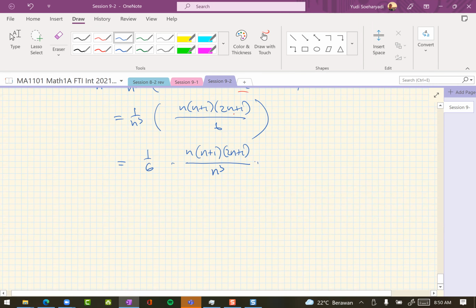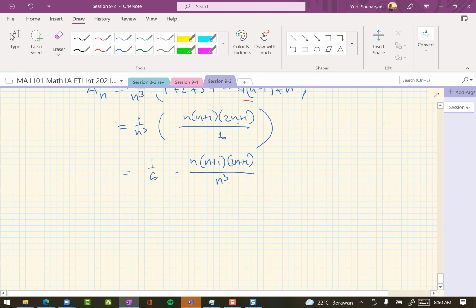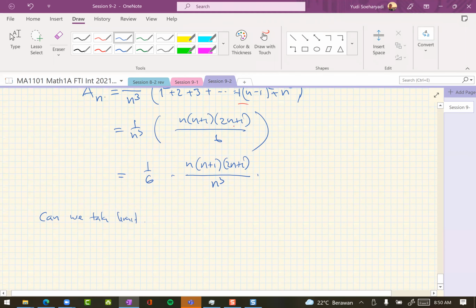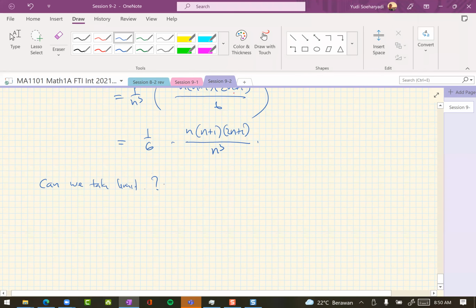Okay. And the question is: can you take the limit? Because we know that as n gets larger, the approximation gets better. Okay, so the limit as n goes to infinity of a_n.